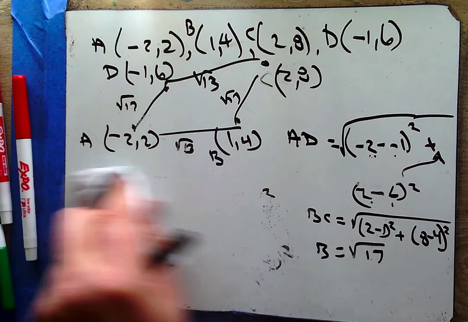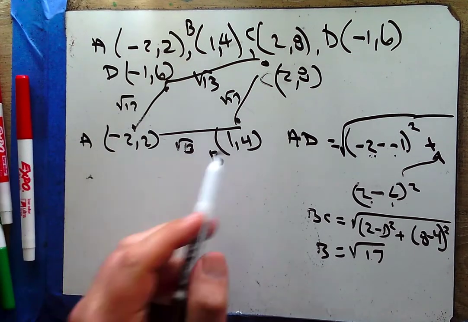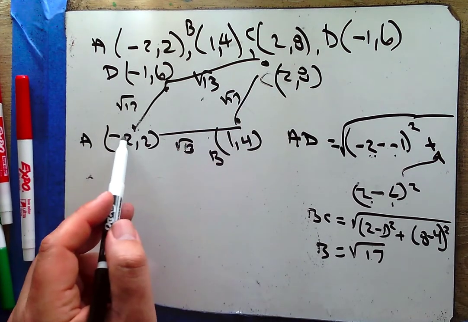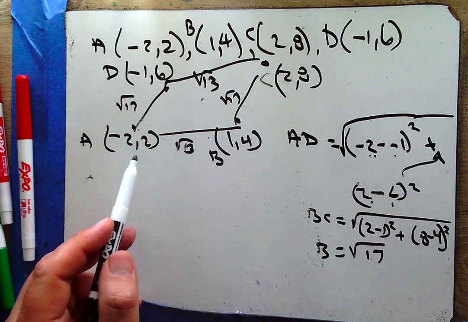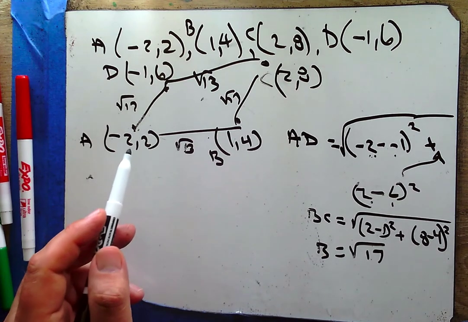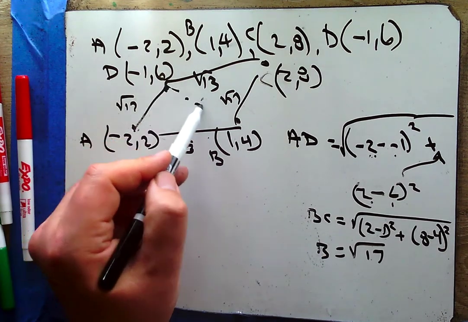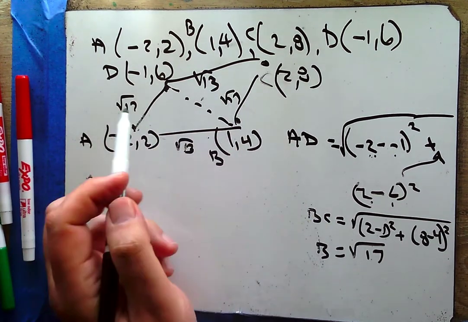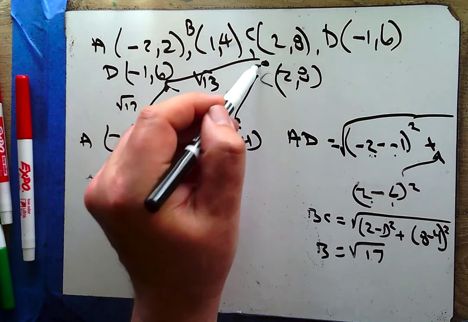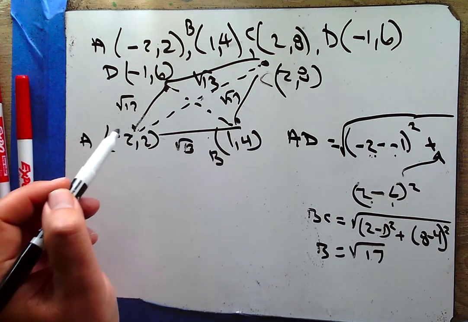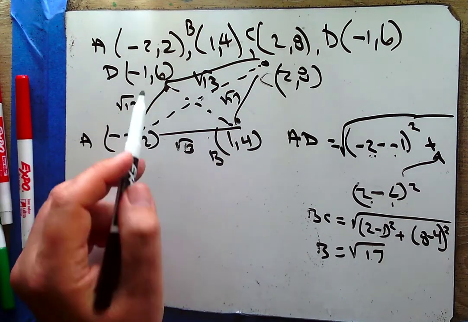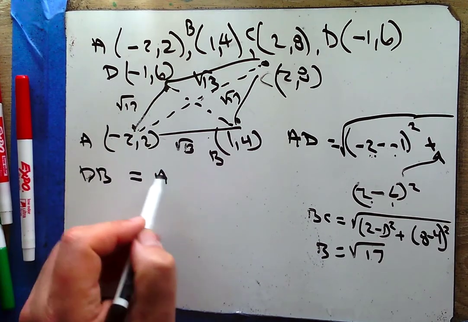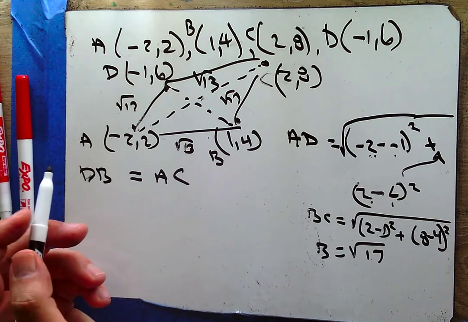Well, you know, we could know a rectangle if we had a right angle here. But I couldn't figure out if that was a right angle without finding the diagonals. In fact, I think I want to find the diagonals because better than finding this length and then putting all the lengths in the Pythagorean theorem, I'm just going to take a look at the diagonals. And I want to see if DB equals AC. That'll tell me if I have a rectangle.